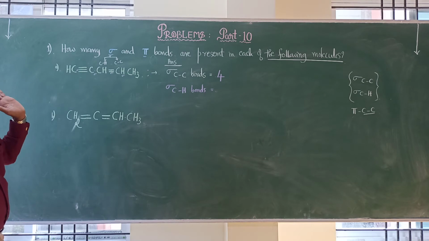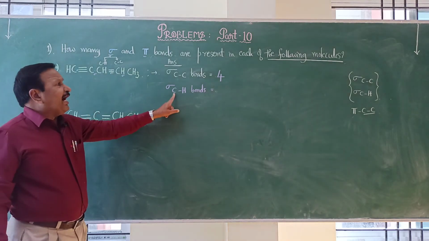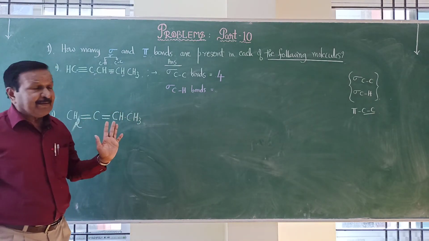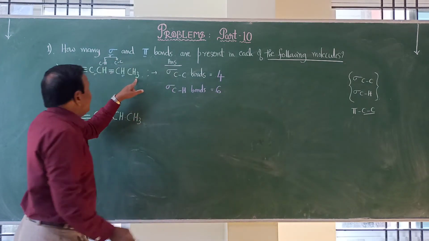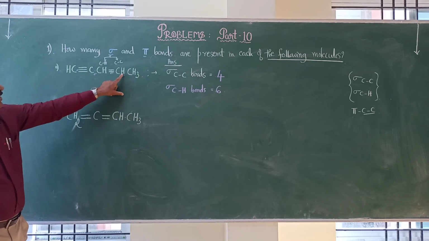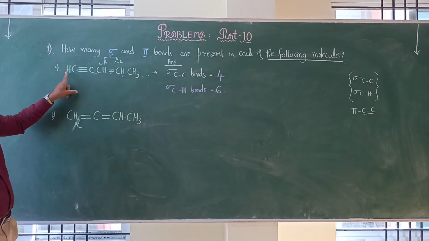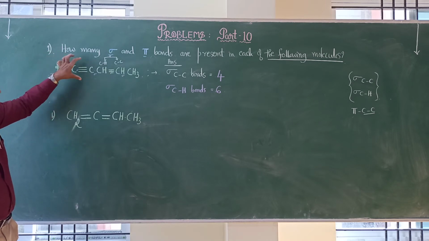How many hydrogen atoms will be there? That much carbon hydrogen should be there. So there will be 6, because 6 hydrogen atoms are there. 3 plus 1, 4, 5 plus 6. So 6 hydrogens are going to form 6 sigma bonds with carbon.